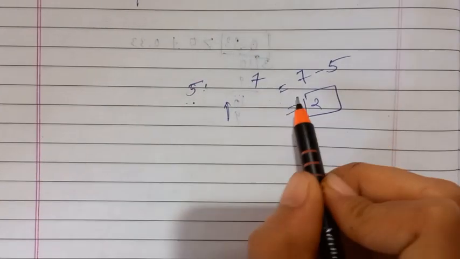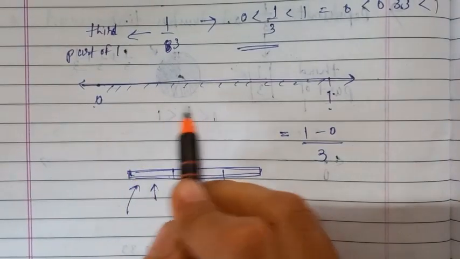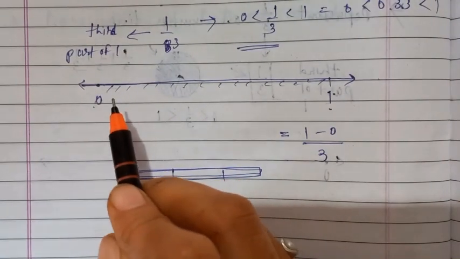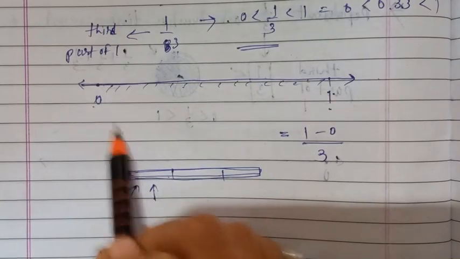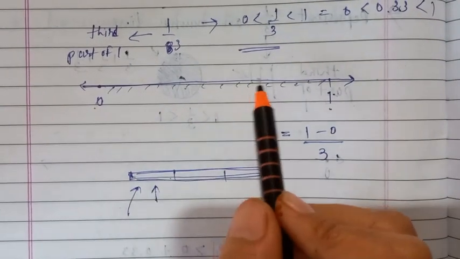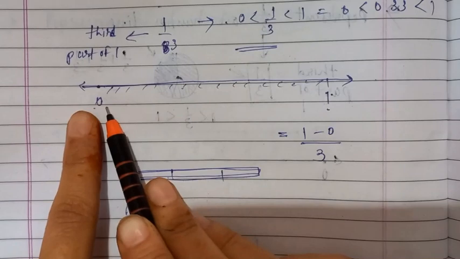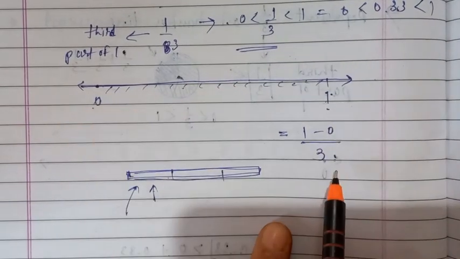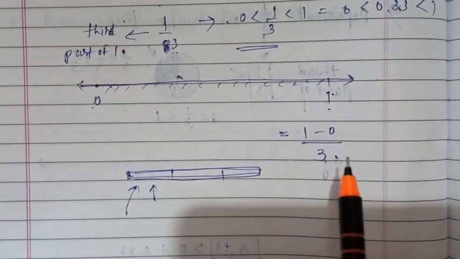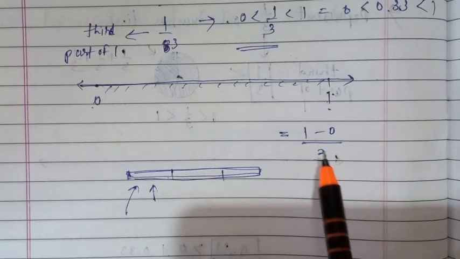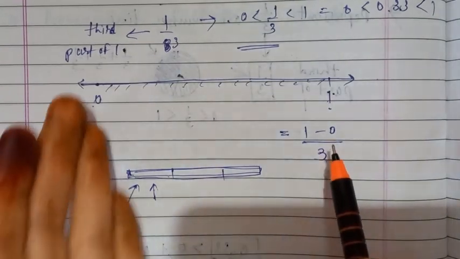So this is the difference. Similarly, if you want to get the difference between two numbers, simply subtract the smaller number from the bigger and divide by the number of parts which you want to make.